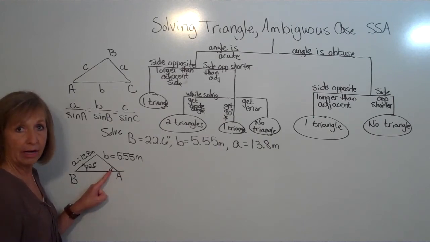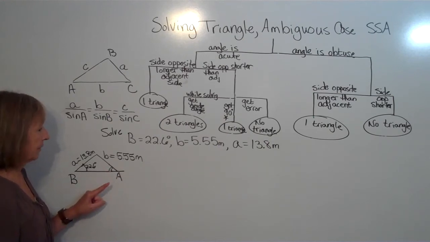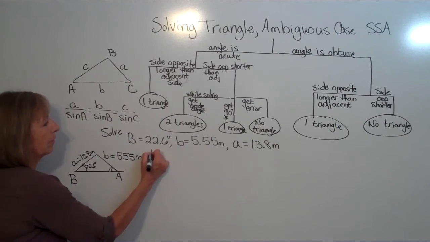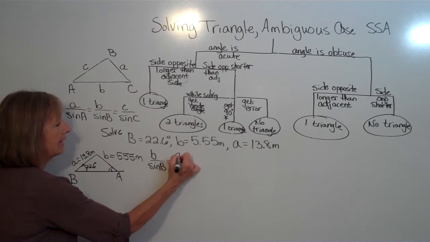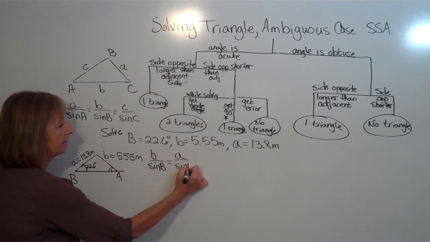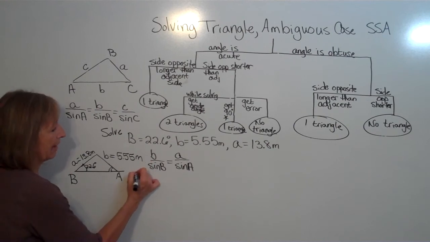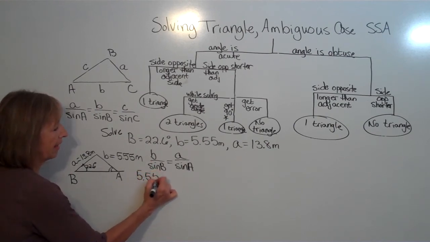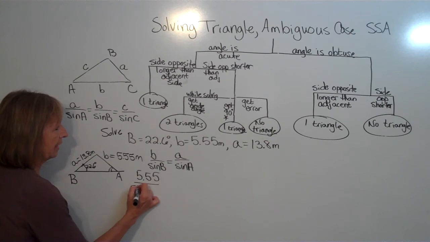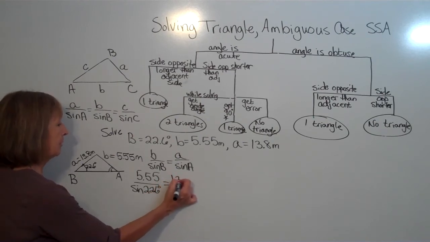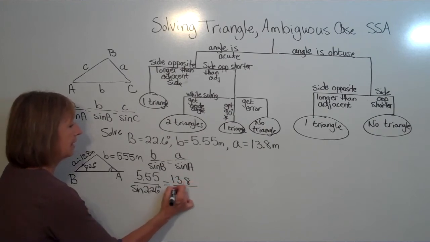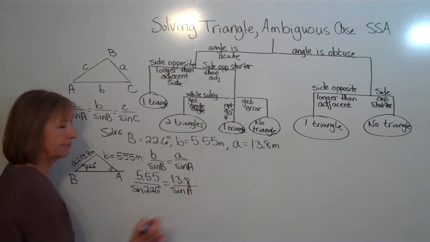This is the angle A that we're trying to find with this information. So b is to the sine of B as a is to the sine of A. Putting in our values, 5.55 is to the sine of 22.6 degrees as 13.8 is to the sine of angle A.